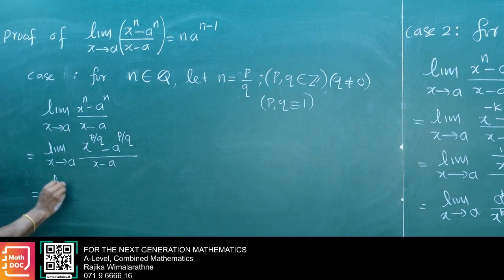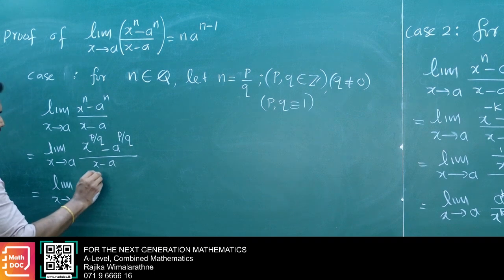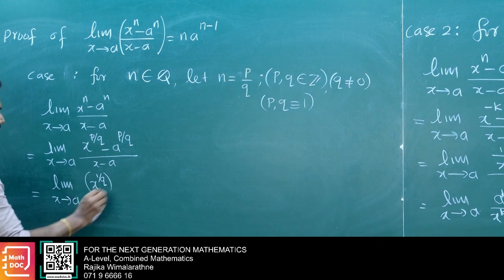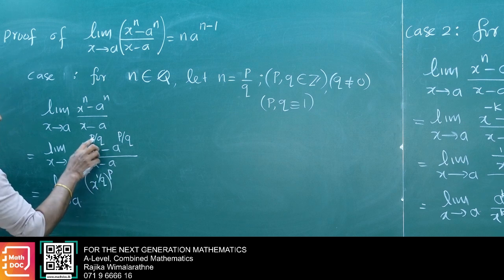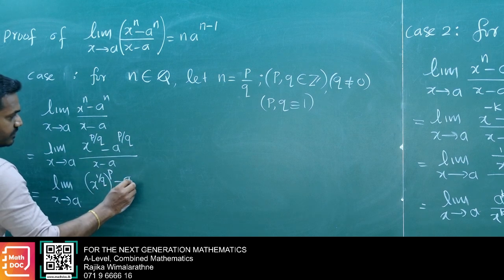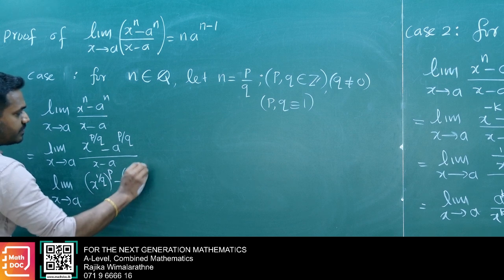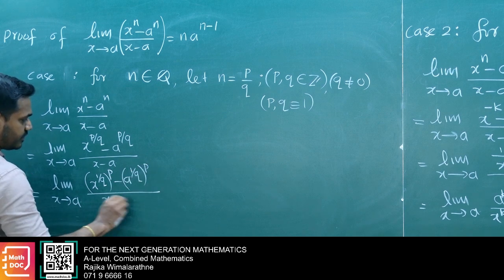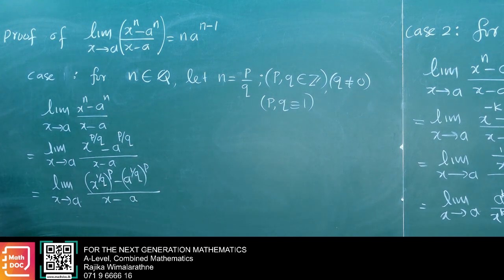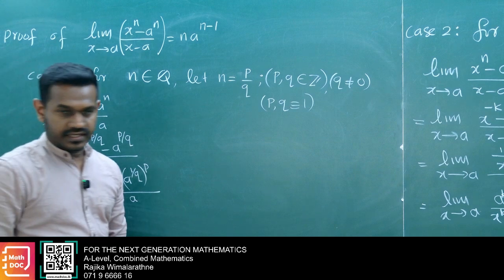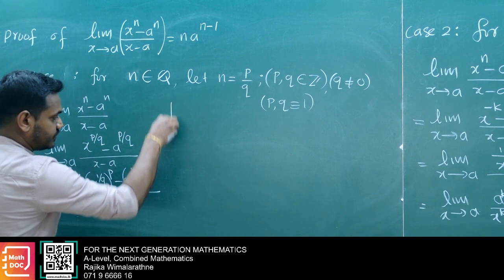Further, limit x goes to a, I'll do this, say x to the power 1 over q to the power p. Here this power take outside. A to the power 1 over q to the power p, over x minus a. Okay. Then I'll use substitution.